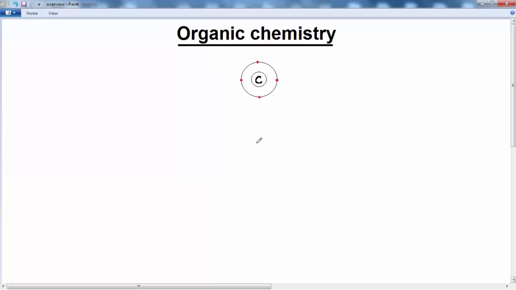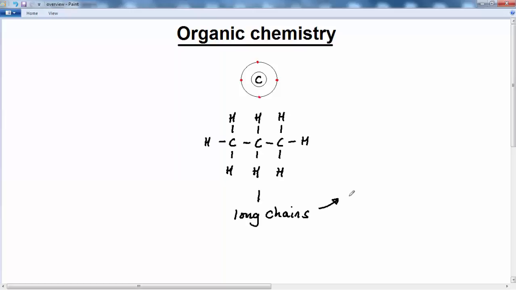Now, because of this, carbon tends to form covalent bonds, and it is its ability to form these covalent bonds with both itself, for example, like that, and other elements, particularly hydrogen, that can lead to the formation of molecules with long chains, including even longer molecules called polymers, which give rise to literally thousands of different substances.